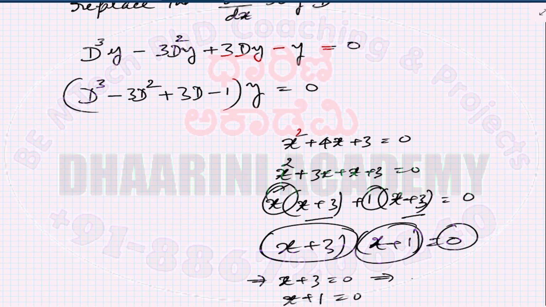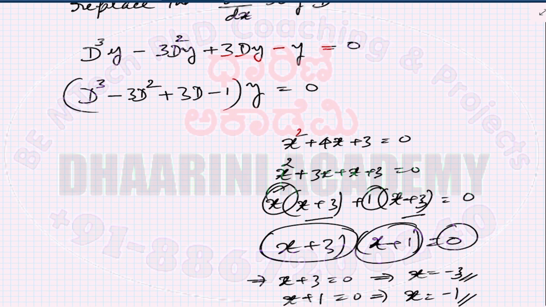So I can take the 3 to the other side, x equal to minus 3 is one solution. Similarly, take 1 to the other side, x equal to minus 1 is your other solution. So this is how you solve any given quadratic equation by manual approach.